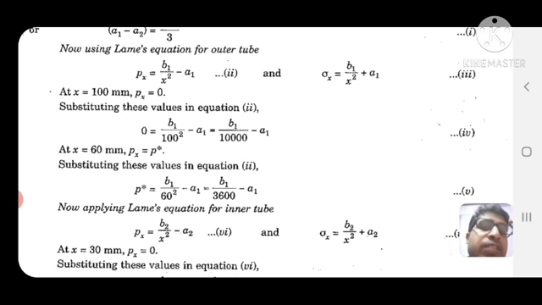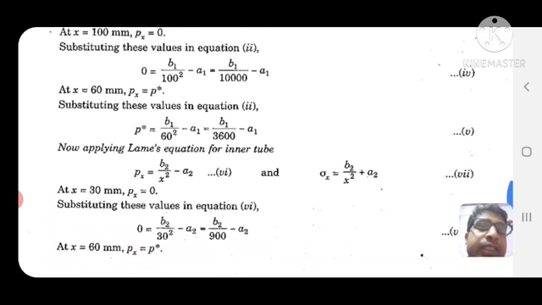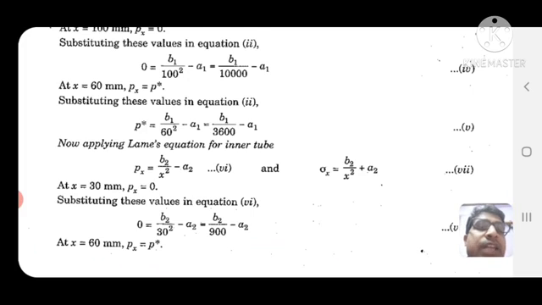Substituting these values in equation 2, 0 equal to B1 by 100 square minus A1, so B1 by 10000 minus A1. At x equal to 60 millimeter, Px equal to P star. Substituting, P star equal to B1 by 60 square minus A1, so that is B1 by 3600 minus A1.